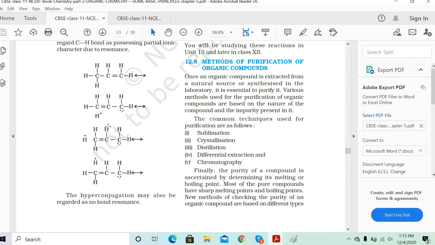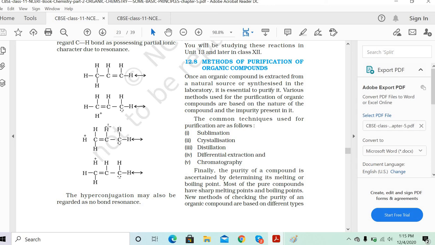Now in the case of hyperconjugation, what happens? The methyl group is there in the third carbon atom, right? So basically the CH bond gets broken now. This carbon atom breaks the bond with the hydrogen, takes the electron and forms a double bond with another carbon atom. So H plus ion is free now.